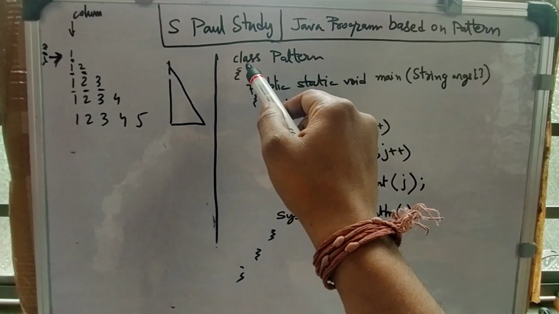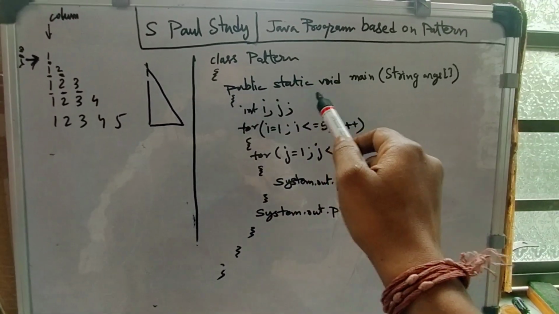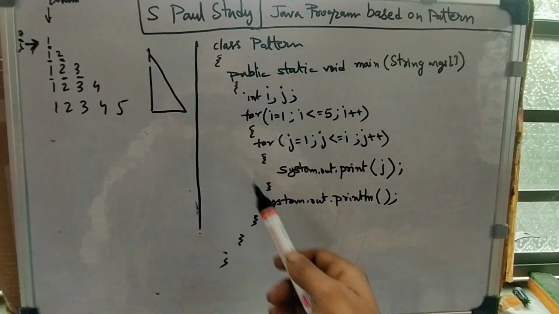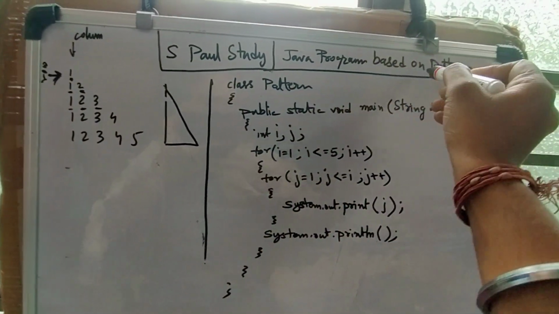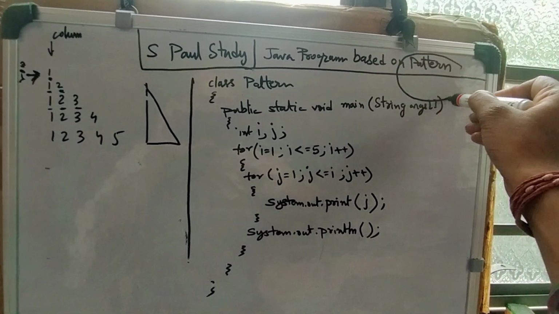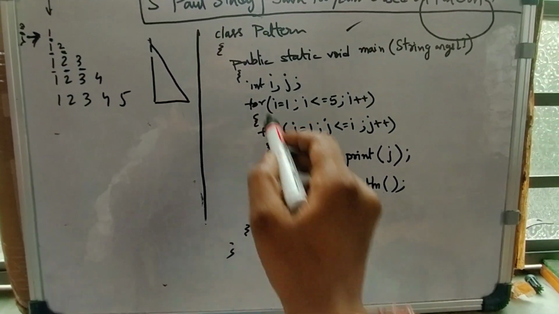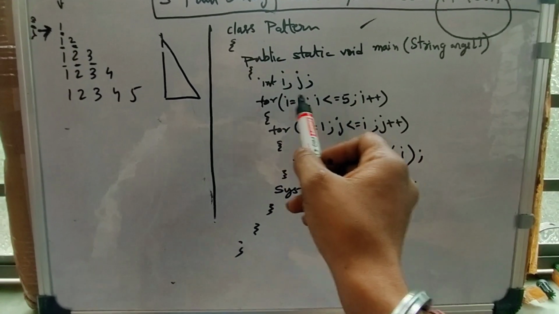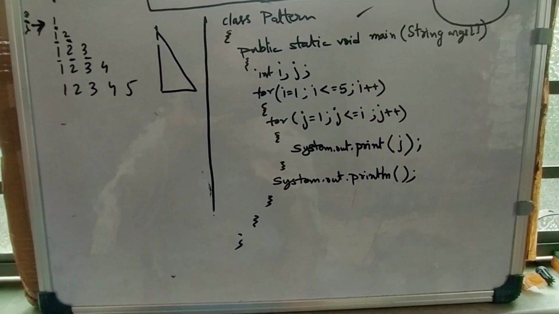What do you mean by class, public, static, void, main? We will discuss this in another topic, but today's main motive is the pattern. We are talking about a pattern based program. Int i, j: I and j are the variables and int is the data type.